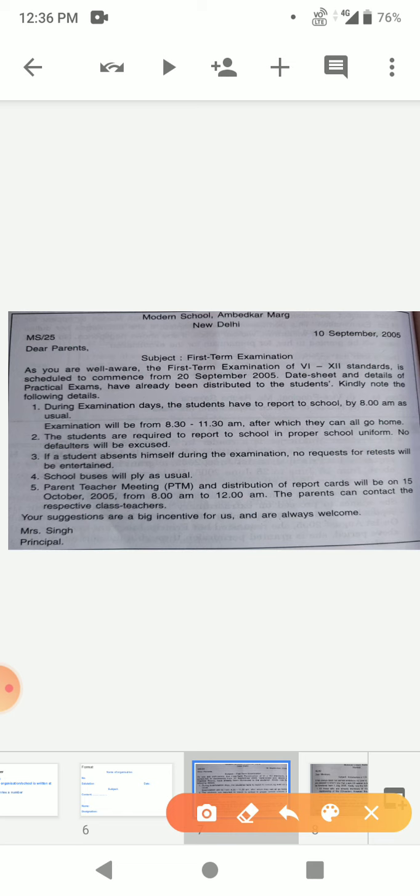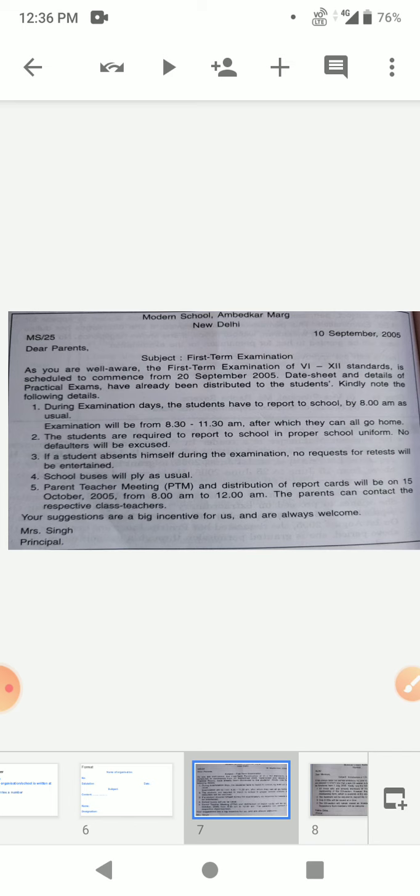During examination days, the students have to report to school by 8 a.m. as usual. Examination will be from 8:30 to 11:30, after which they can all go home. The students are required to report to school in proper school uniform. No defaulters will be excused. If a student absents himself during the examination, no requests for retests will be entertained. School buses will ply as usual.